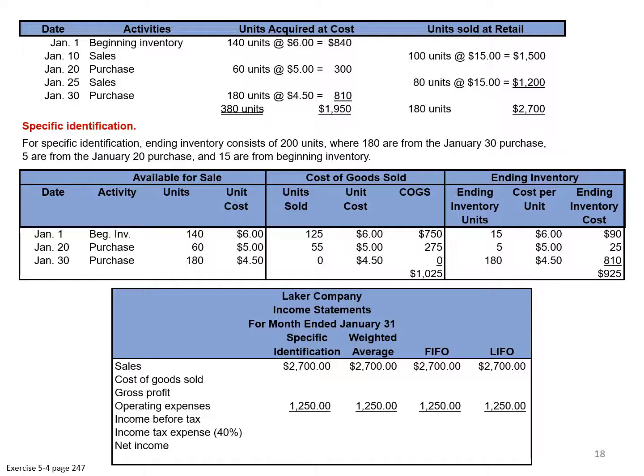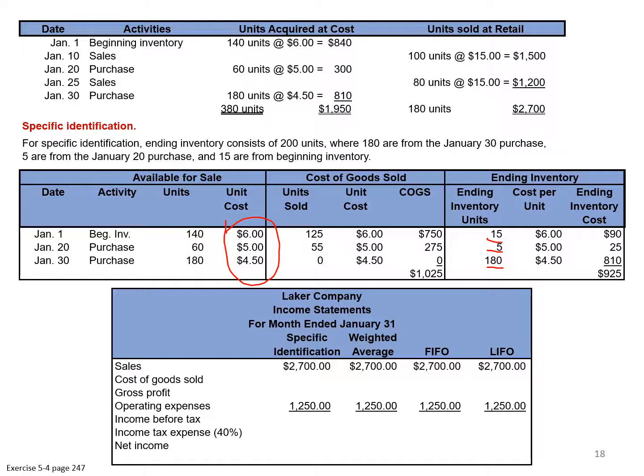So under specific identification, they tell us that we have 180 units from the January 30th purchase still sitting in ending inventory, 5 from January 20th, and 15 from beginning inventory. So you take all of those units times the cost of each from over here, which means we had an ending inventory of $925.